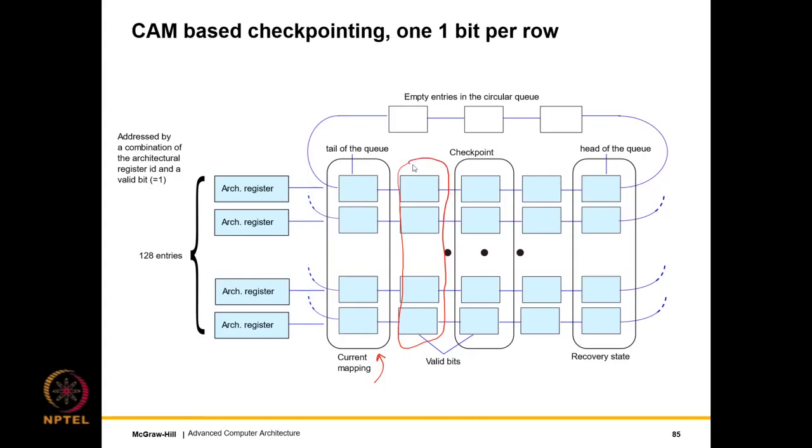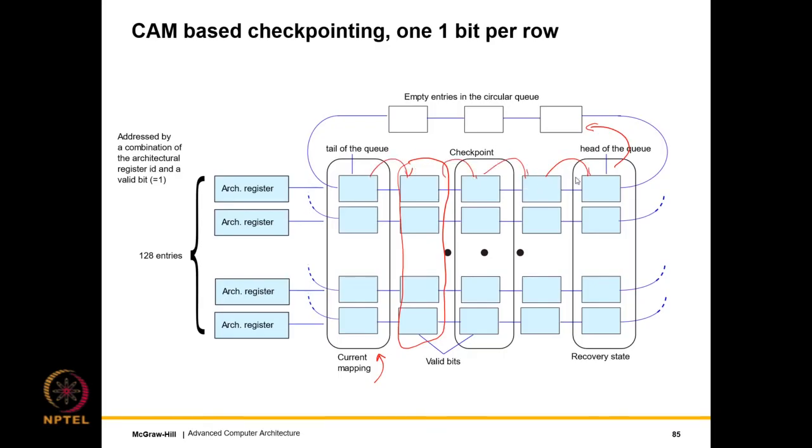The checkpointing logic also happens in the same way. So how does it happen? Well, whenever we want to take a checkpoint, we just right shift everything. So these are internally organized as circular queues, which is a recurring pattern that we are seeing in hardware. So pretty much this moves over here, this here, this here, this here, then this here.